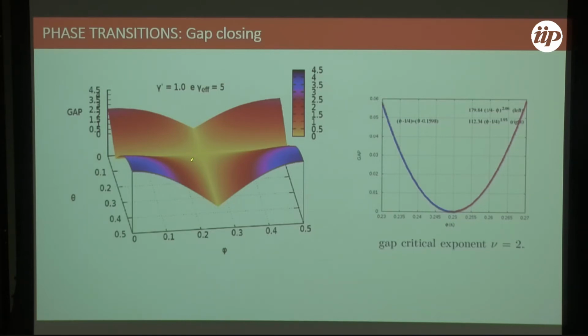If you're far away from the multicritical point, you see that the gap closing is pretty conical, so linear. But exactly at the multicritical point, if you're along a diagonal line here and you plot the gap profile, you see that it has a parabolic behavior.